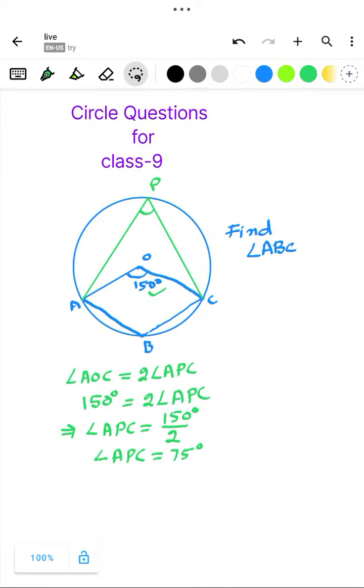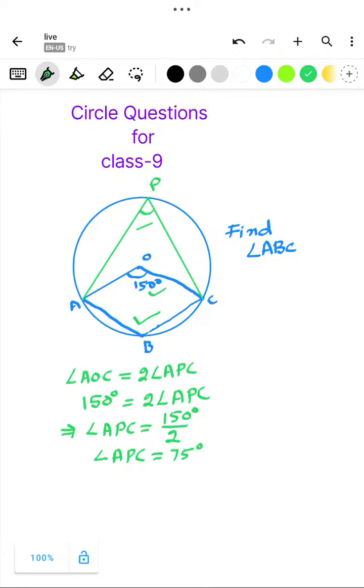So in cyclic quadrilateral, sum of opposite angles is equal to 180 degree. That is, if we add angle APC and angle ABC, this will be equal to 180 degree.